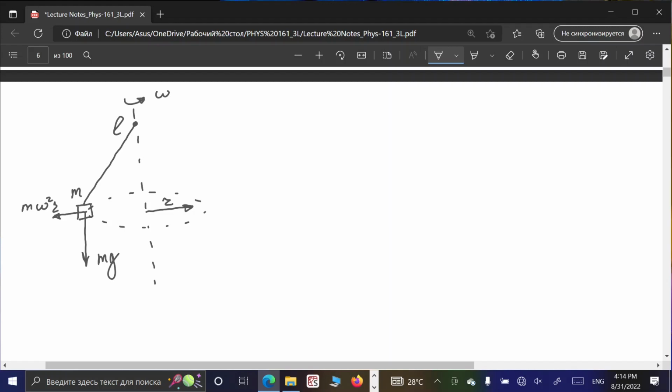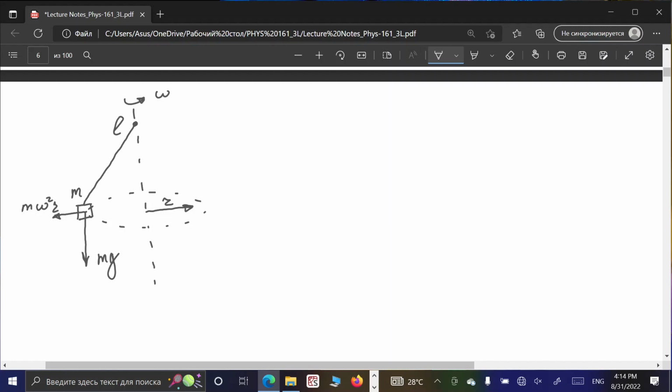Omega squared times r we discussed last time when we introduced circular motion and angular velocity. So centripetal acceleration magnitude is given as omega squared times r. And in order to get force, we multiply it by the mass of the block. So we neglect the mass of the rope.